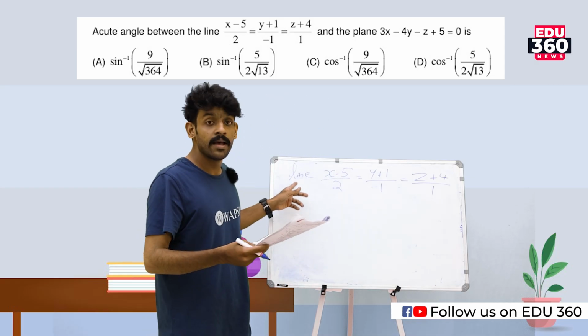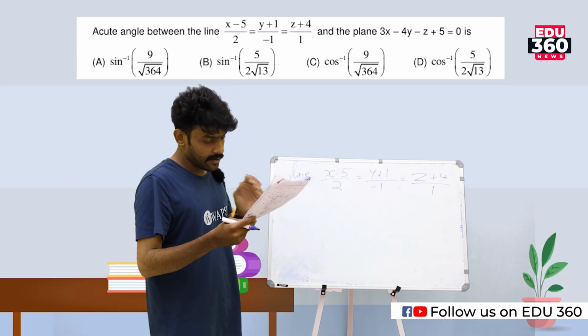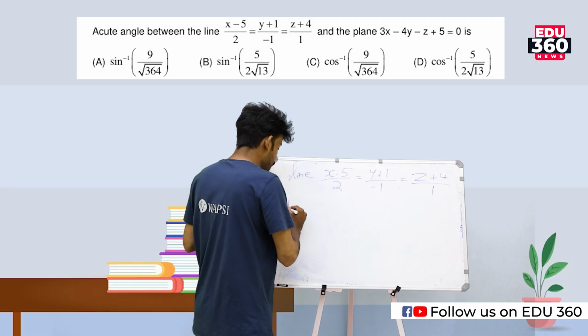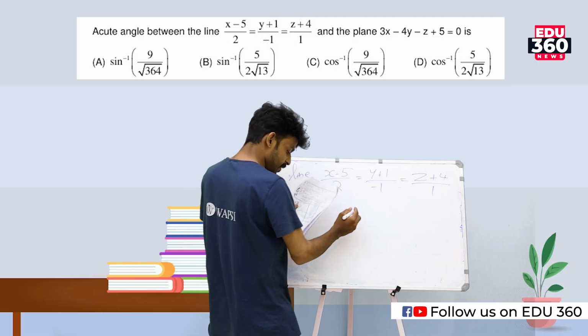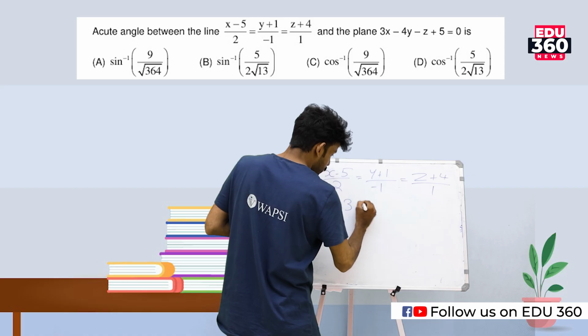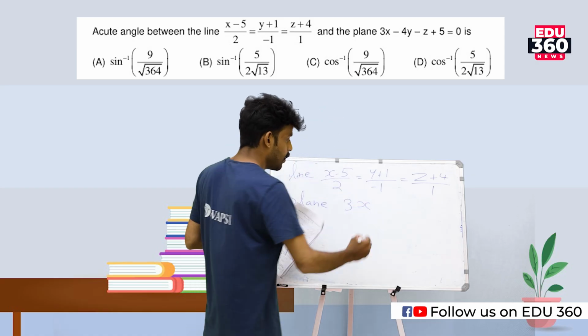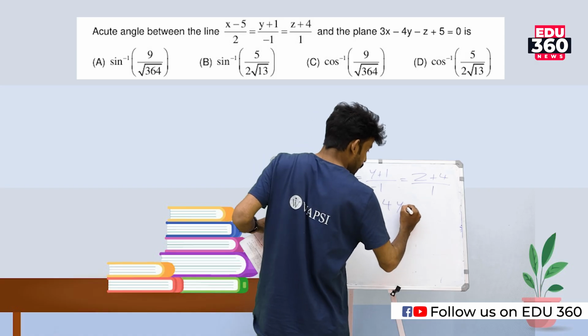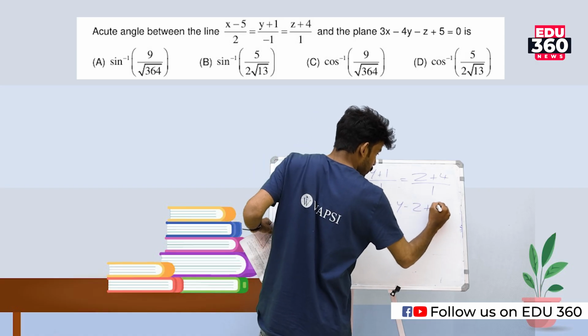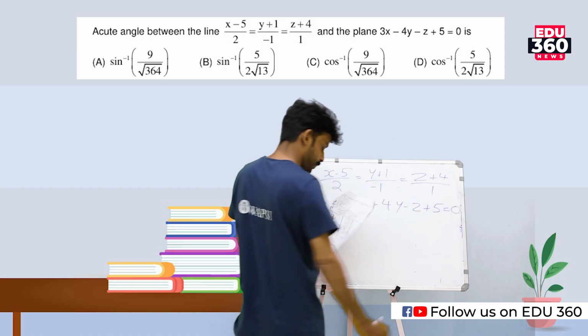And for the plane, it is given as 3x minus 4y minus z plus 5 is equal to 0.